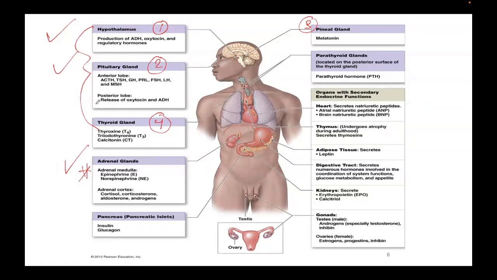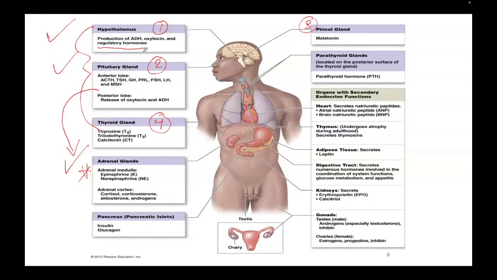Or the hypothalamus sends a message to the pituitary, and then the pituitary sends a message to the adrenal, right? So it's just one message sends another messenger, sends another message. So the hypothalamus is responsible for releasing regulatory hormones.